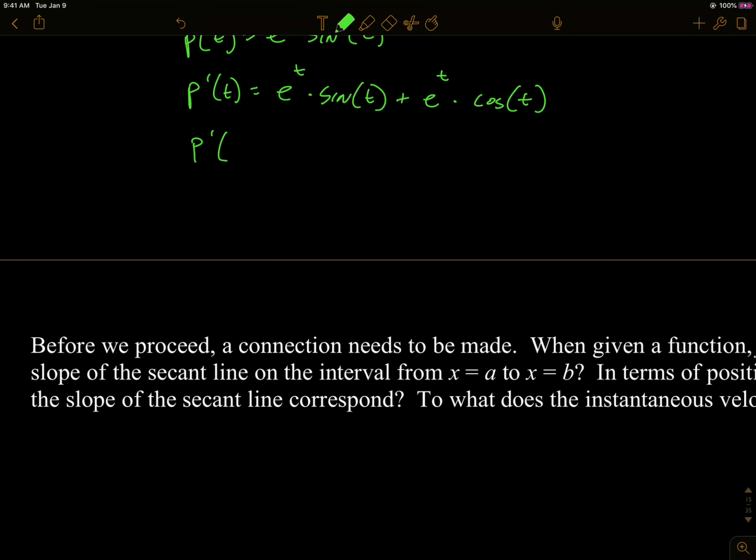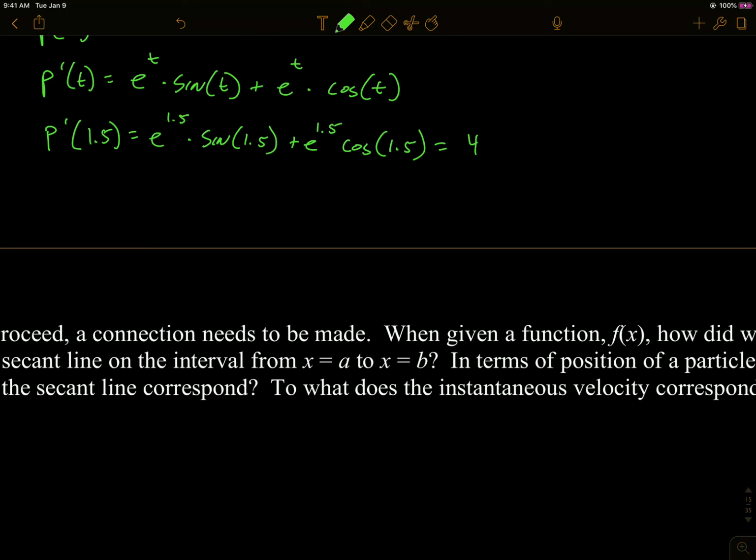So now we want to evaluate at 1.5, and so now it's going to be e to the 1.5 times sine of 1.5 plus e to the 1.5 cosine of 1.5, and that should get you that same 4.787 centimeters per second.